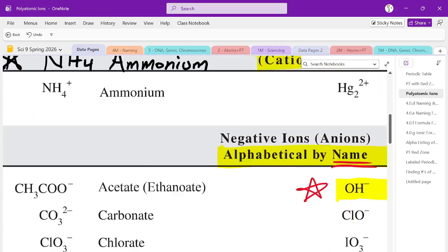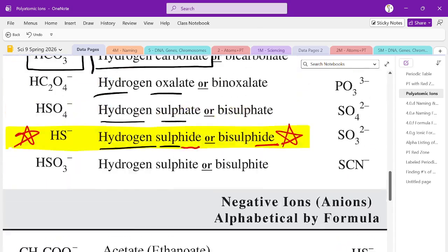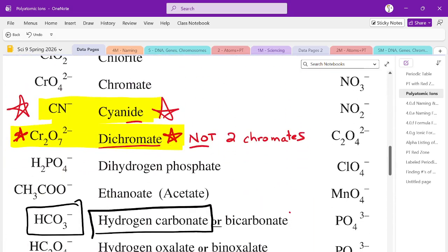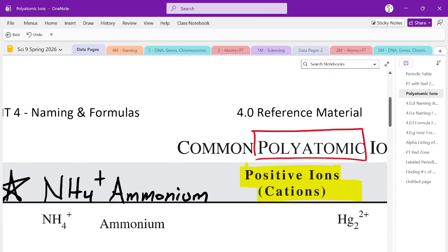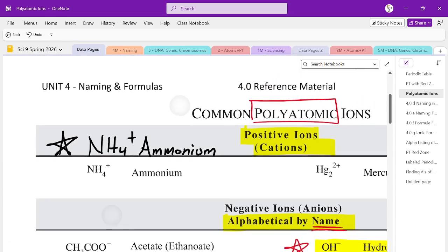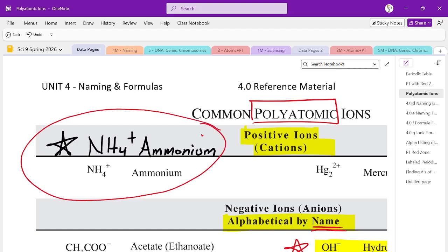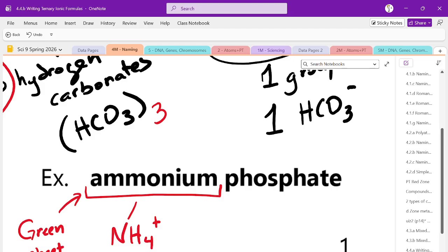Where is ammonium? Is it near the bottom? Is it near the top? It's near the top. If you've got a star, that's great. If you want to highlight it, there are highlighters at the back of the room. You want to circle it, that's great, because ammonium is really important and people often forget it. So make sure it is easily visible for you. Ammonium is NH4 plus.